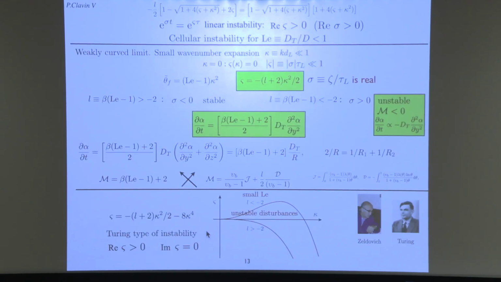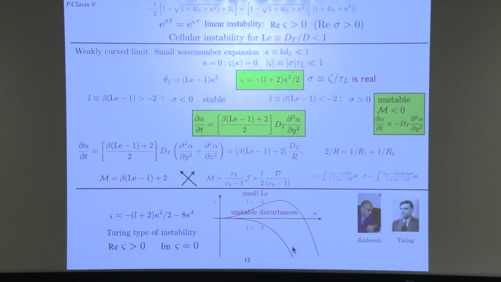So if this term is negative, you are stabilizing all the wavelengths, which means that you are intrinsically stable against any fluctuations of the surface. But if you are unstable, the short wavelengths are all the time stabilized.